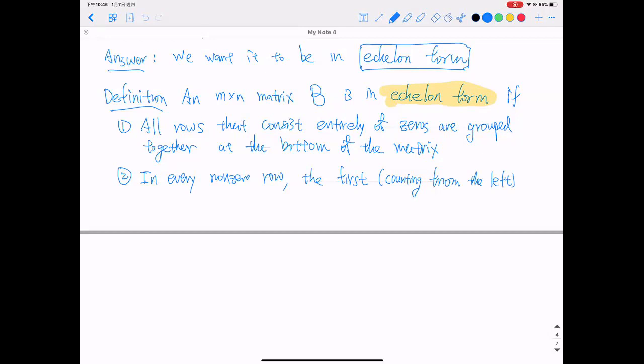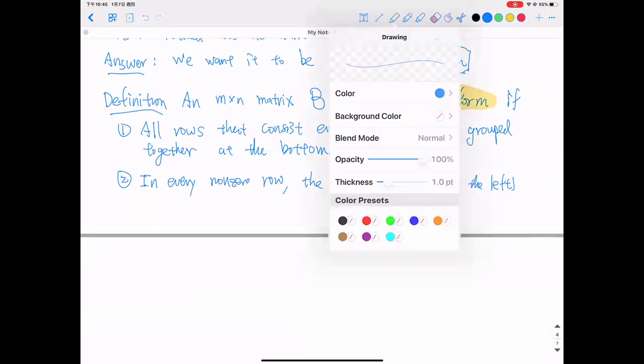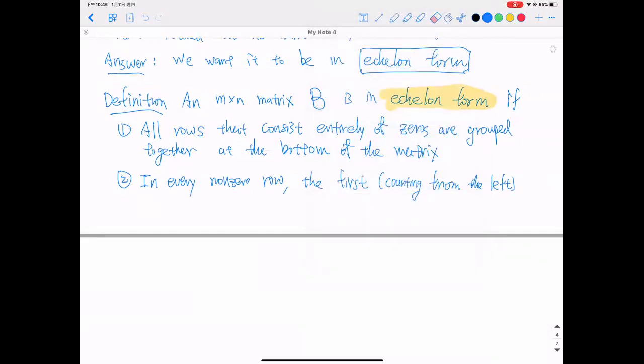When we have a non-zero row, it's going to have a non-zero entry somewhere. That's what a row being non-zero means. And the first such non-zero entry is a number 1. Okay.